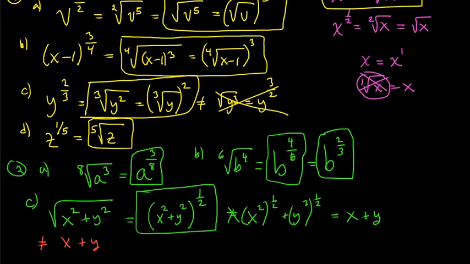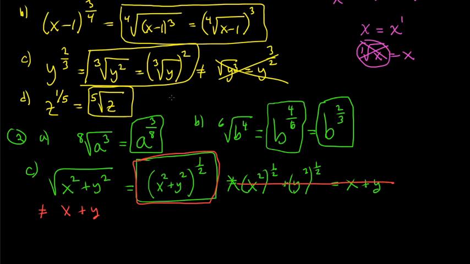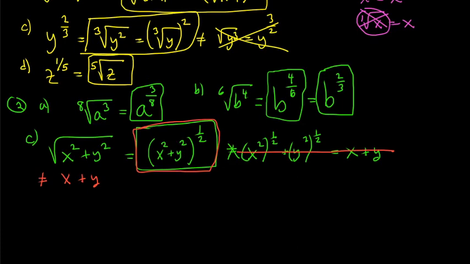And if you just try some numbers, like x equals 1, y equals 2, or just really simple numbers here, you'll see that it doesn't work in most cases. So yes, do not make that mistake, right? You have to leave it like this, and that's the best you can do, right? And that's because we're adding.